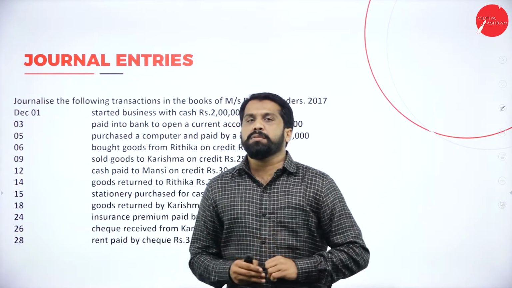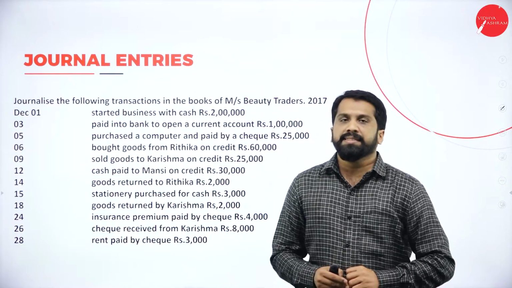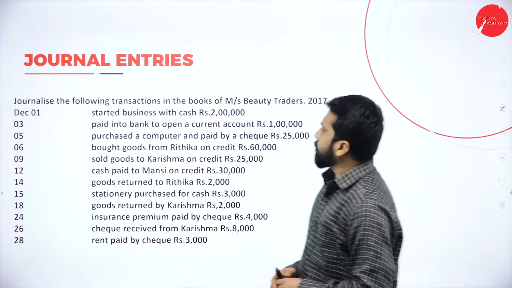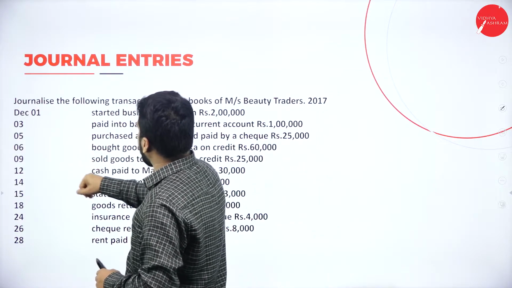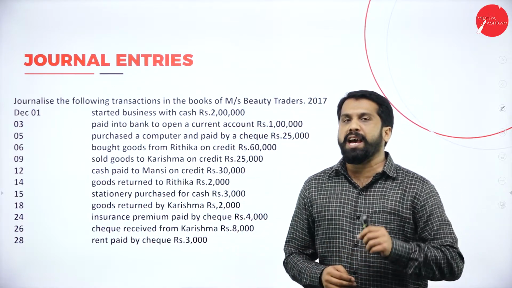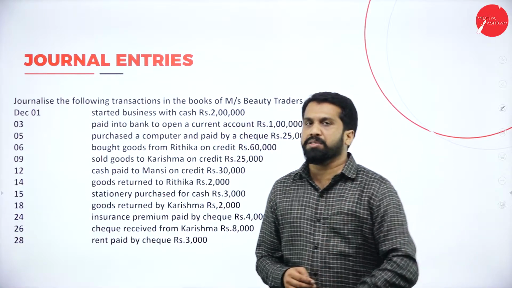So this will be your question, and according to that you have to prepare your journal entries. Now, before we go to your journal entries, you have December 1st, 3rd, 5th, 6th, 9th. So these are the journal entries. Let's have a recap, or rather just recall our logics.